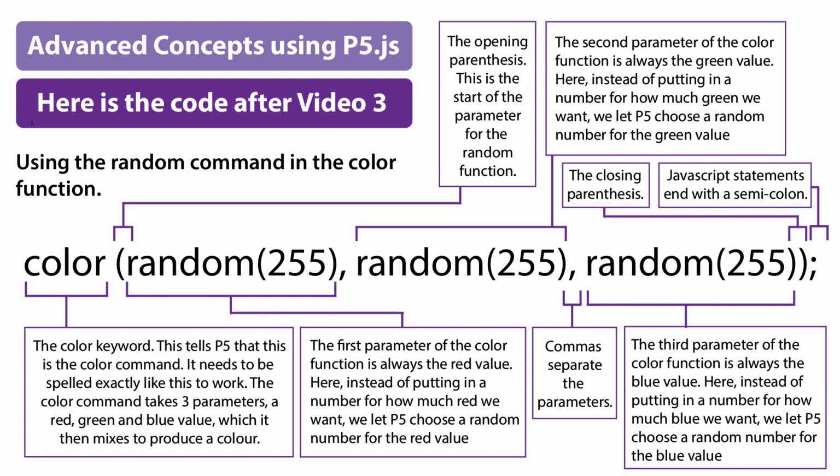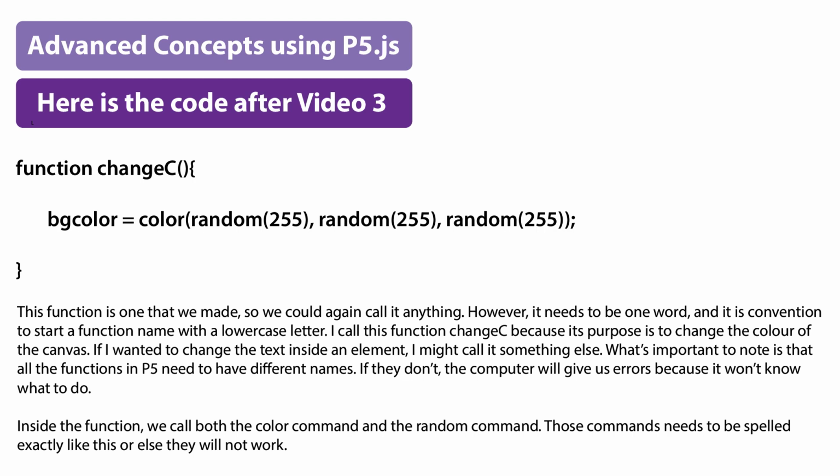The first is a random value for red, the second is for green, and the third is for blue. Using the color command, we're mixing these random colors together. Once these colors are mixed up, we take that color and put it into the BG color variable.